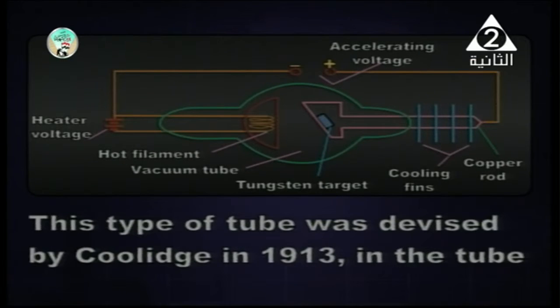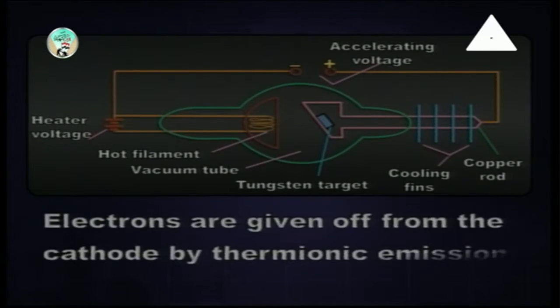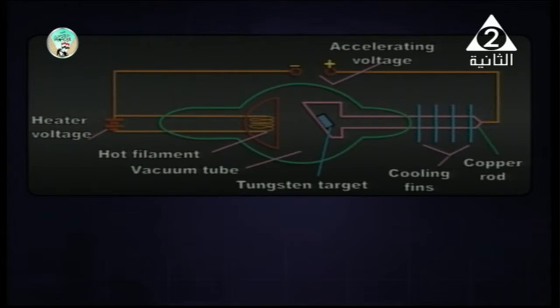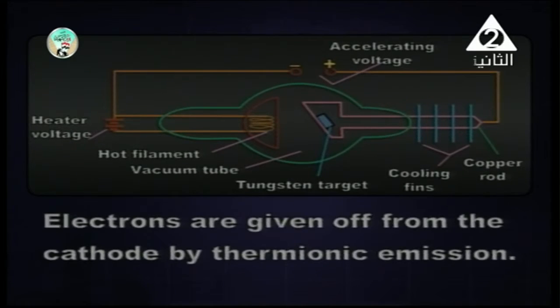What about the structure? In the tube we've got a filament. Function of the filament when heated is to produce electrons. In the tube, electrons are given off from the cathode by thermionic emission.